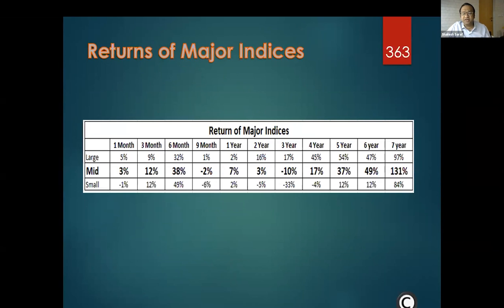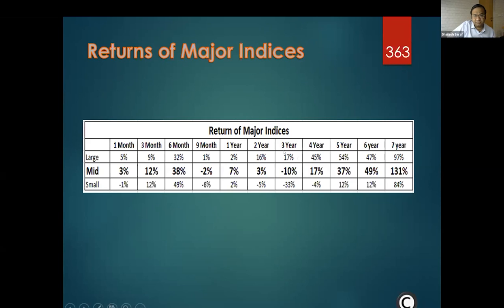Okay, so this is the return. Vikas, please share with everyone. Yeah, it is a return that mid cap gives better return compared to both the indexes, has less risk, medium risk compared to small cap, and high return compared to large cap.